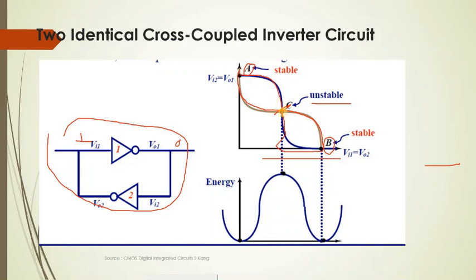It immediately tries to settle at either of A or B. In terms of energy, this is being described in this particular figure like this. So when your system state is stable, your energy is at minimum, and when your system is unstable, your system is having this particular point. Again, it tries to lose the energy and get into the stable state. So this is how things go.